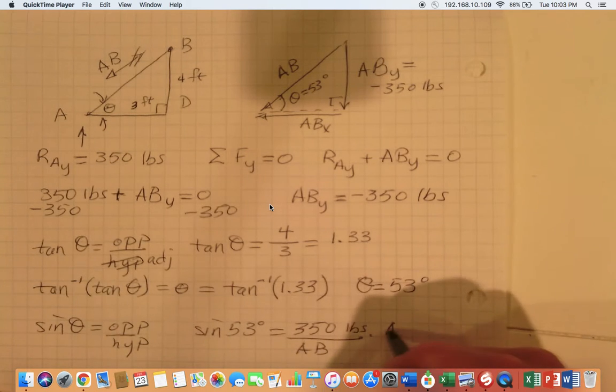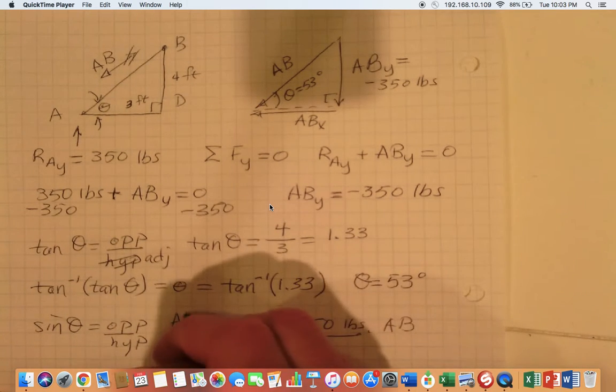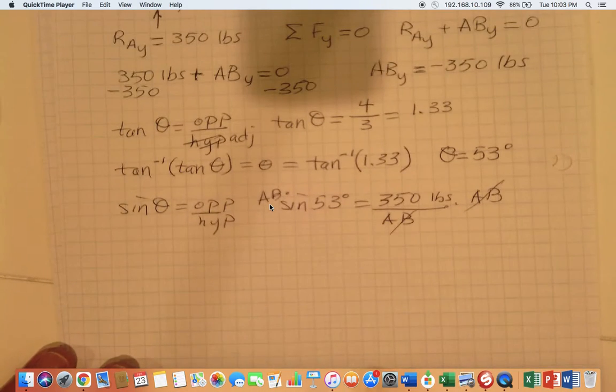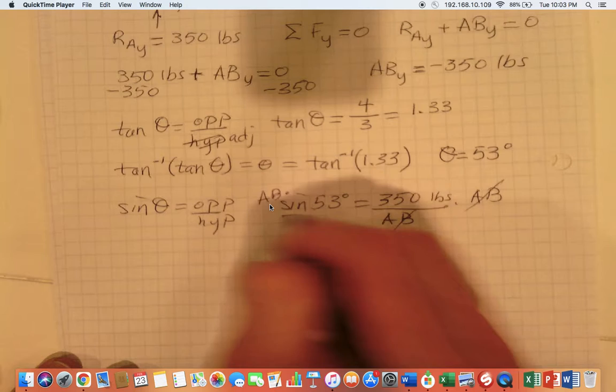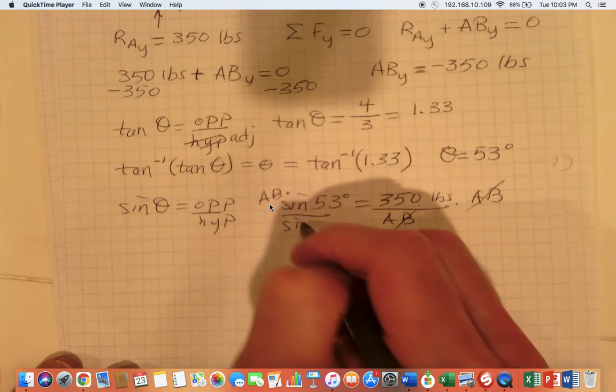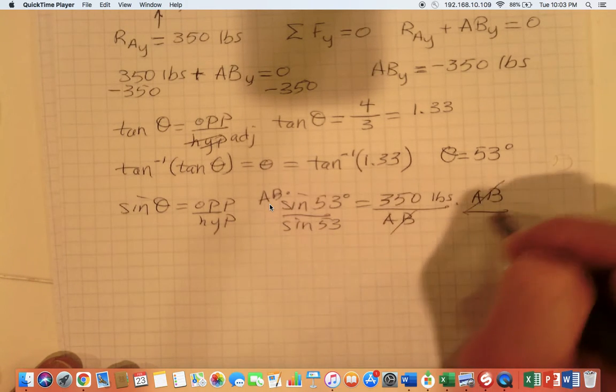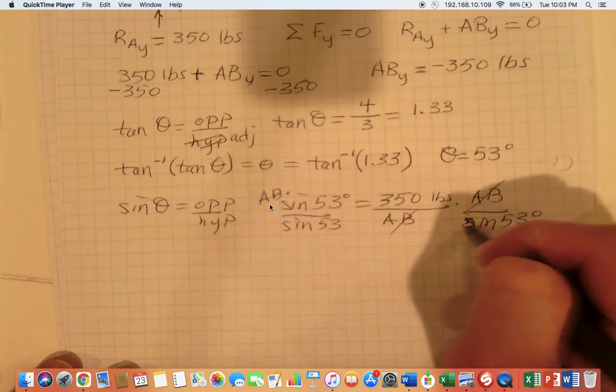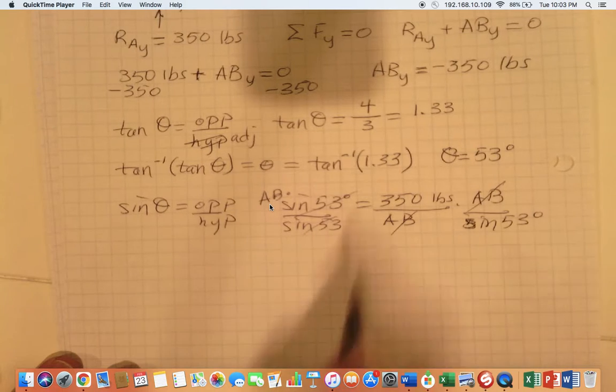Let's multiply it by both sides to get it in the numerator. That gets rid of it over here. Now we have sine 53 is still in the way. Let's divide both sides by sine 53 degrees, to get rid of it on this side.